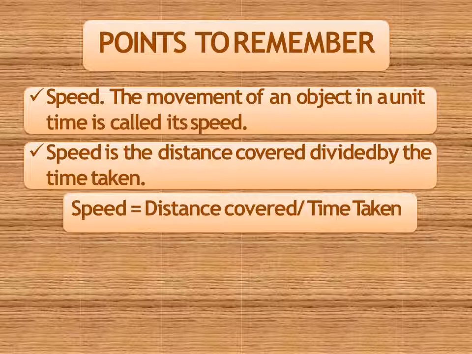So how do we calculate speed? Speed is the distance covered divided by the time taken. That means we have a formula: speed equals distance covered by time taken.